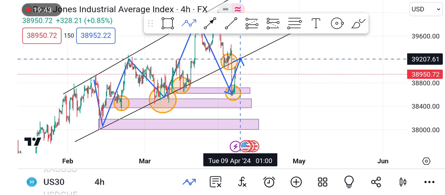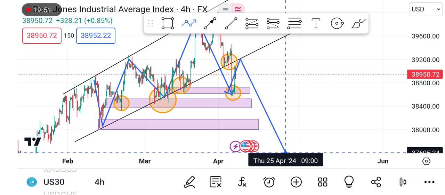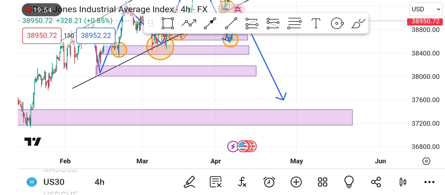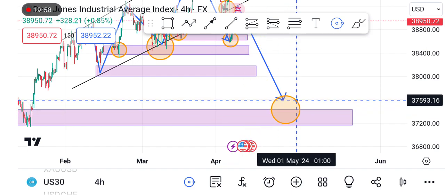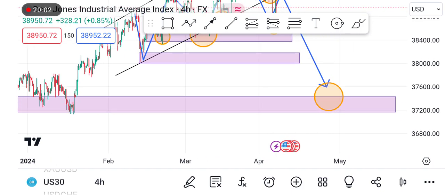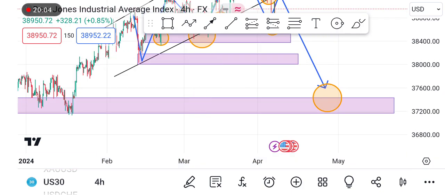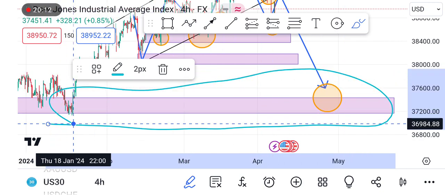That's where level of support turns resistance. Retest that point, then make its way all the way down to this point, causing the level of demand and supply to be valid in this particular area. Causing it to be valid in that particular zone.